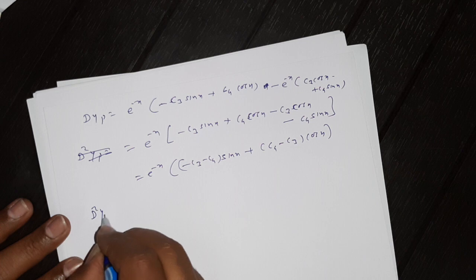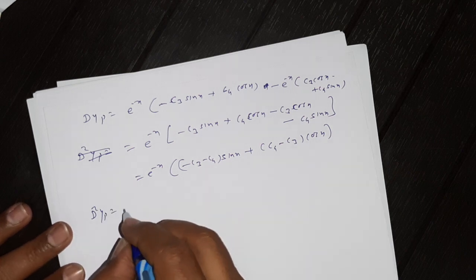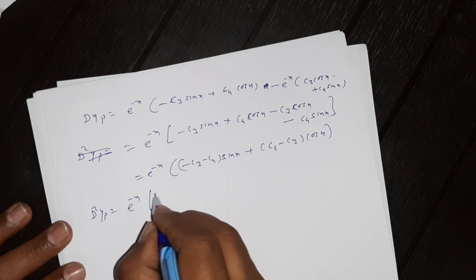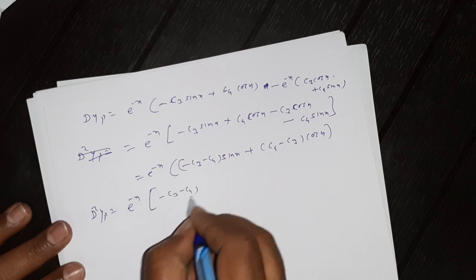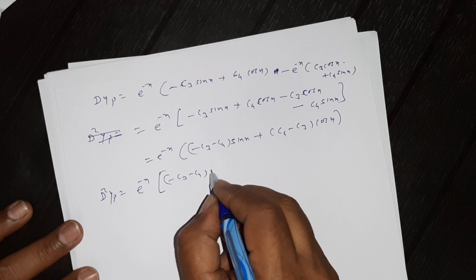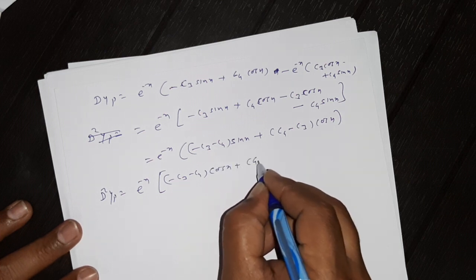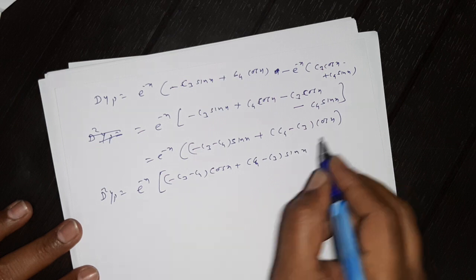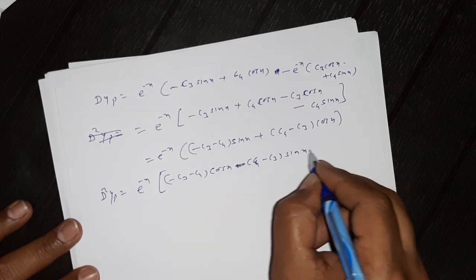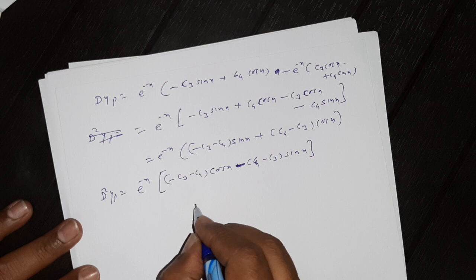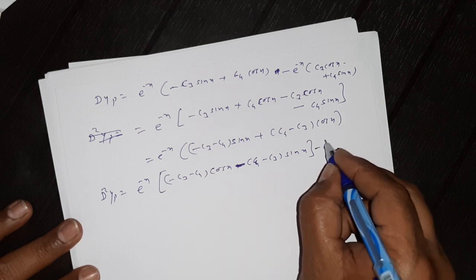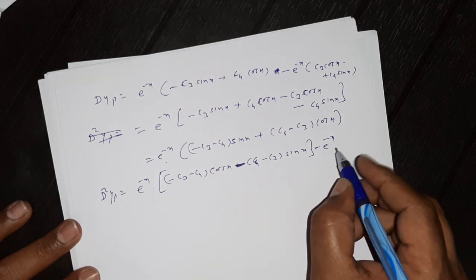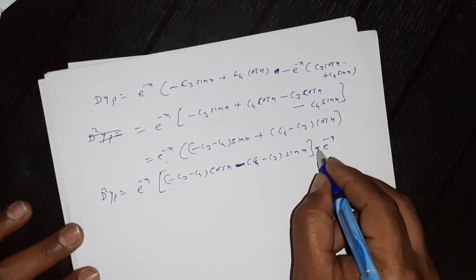Then D square yp is e raised to minus x times the derivative of this quantity. Minus c3 minus c4 is a constant, the derivative of sin x is cos x, plus c4 minus c3 constant, the derivative of cos x is minus sin x, minus the derivative of e raised to minus x, which is e raised to minus x into minus 1, times the bracket as it is.